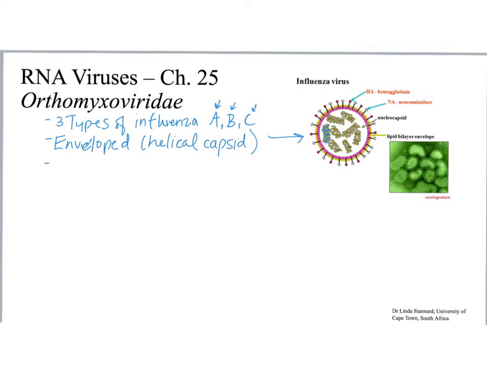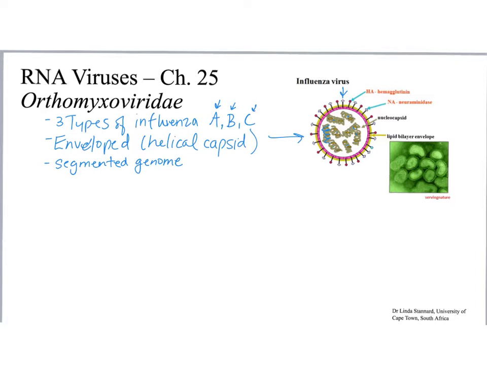It has a segmented genome. So again, some viruses have a linear genome, so all the DNA or RNA is just in one strand. But here we see either 7 or 8 segments. There's 8 here, so I think influenza A and B have 8 segments, and C only has 7.